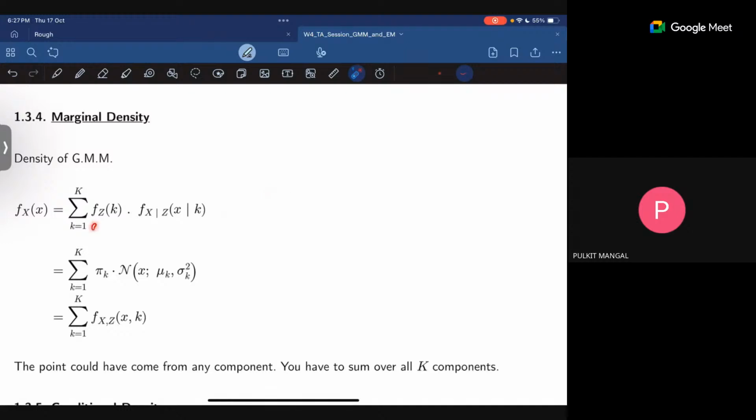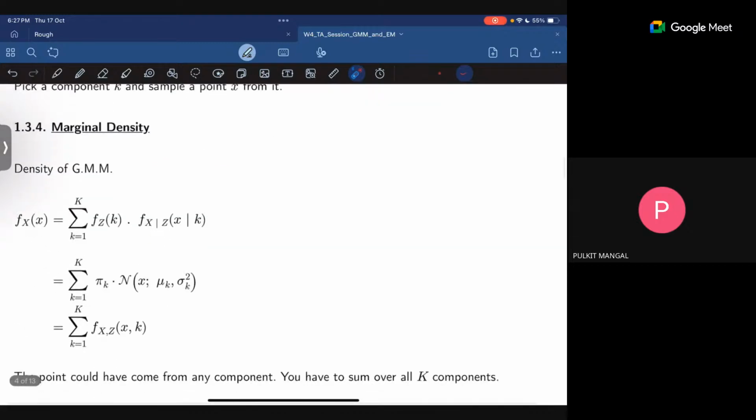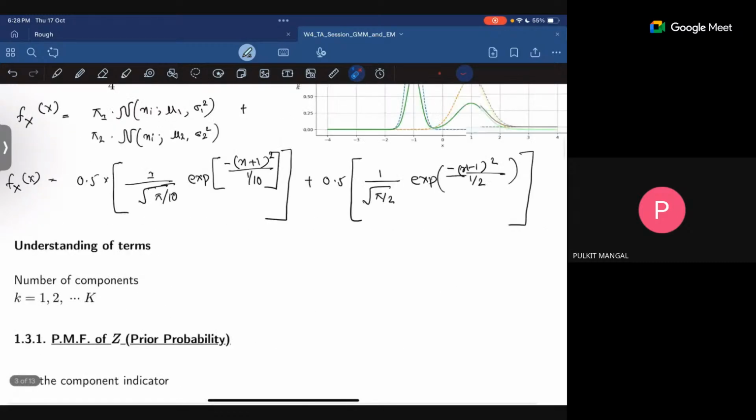This was the form that we have seen here: conditional times marginal, in the joint form. Only the notations are different, and this was the form that I wrote before.